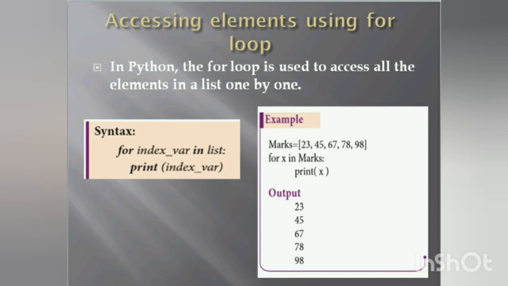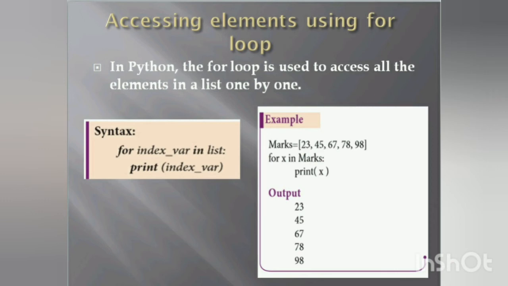By using this index variable only, you can access each element, then the membership operator, then the list name, that is marks. Then next one is print of x. By using this print statement, you can print each element in the list. Here this marks has 5 elements. Each element is indexed from 0 to 4, right? First element is 0, second element is 1, then 2, 3, 4. The index is from 0 to 4.